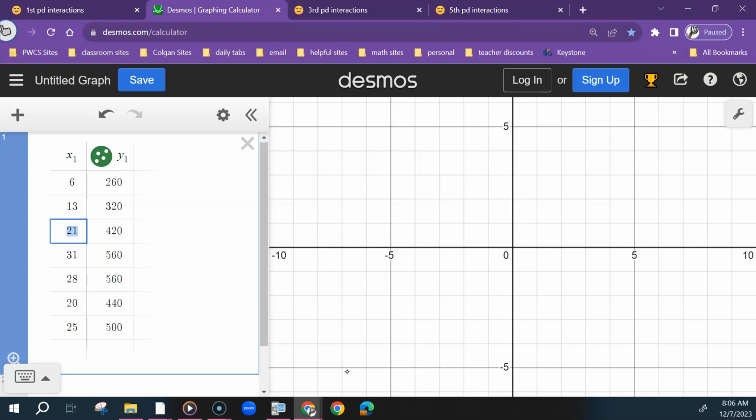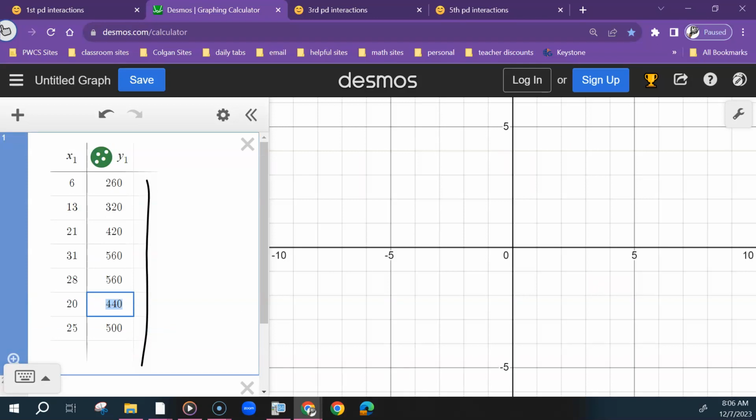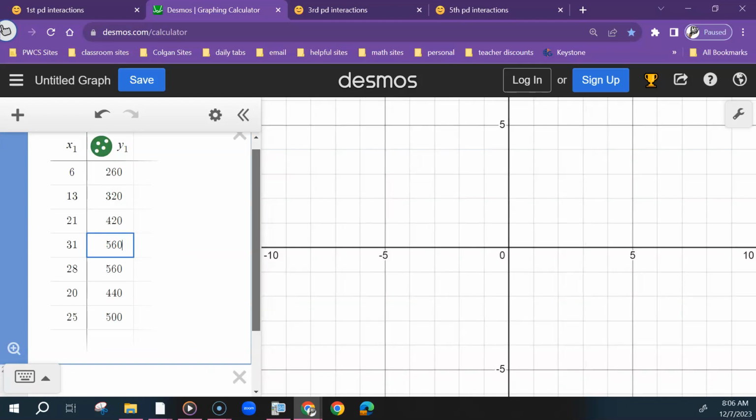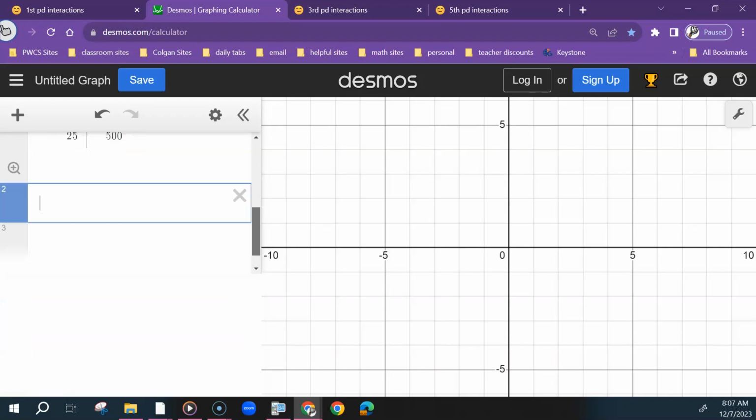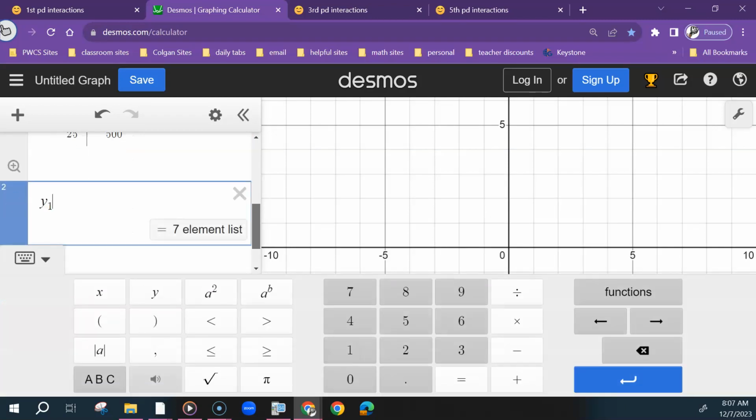Once you have all of your numbers in your table, in the next open line, you're going to type in something that looks like y equals mx plus b, but is a little different. Because our table has x1, y1, we need to include that in our equation. So we're going to type in y, and then 1. It's going to do this by itself.